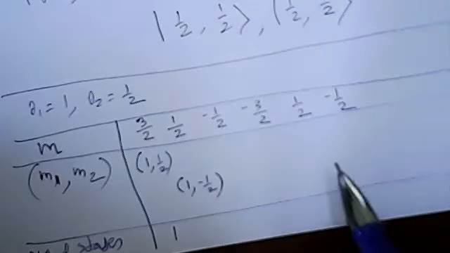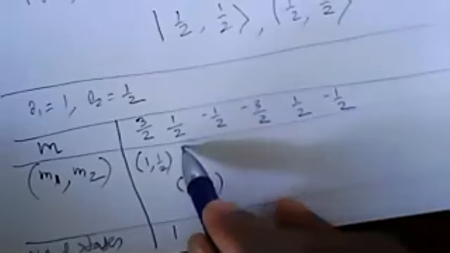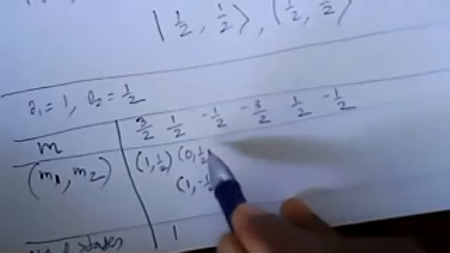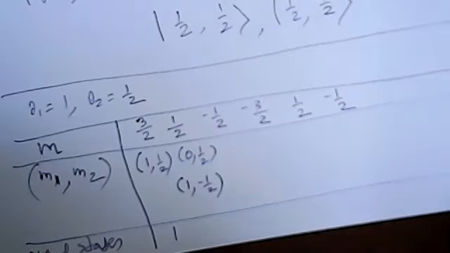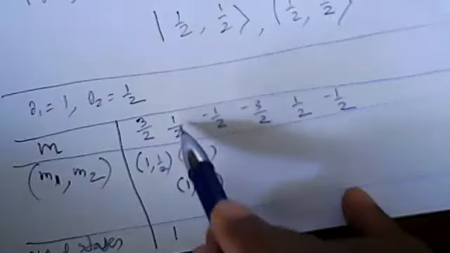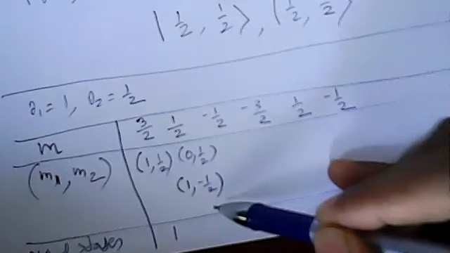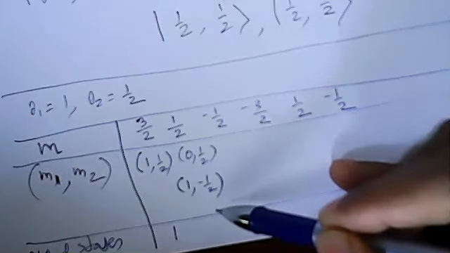Then 0 and half, that is also half. Half you get in two ways: 0 and half, and 1 and minus half. Two half cases are there.